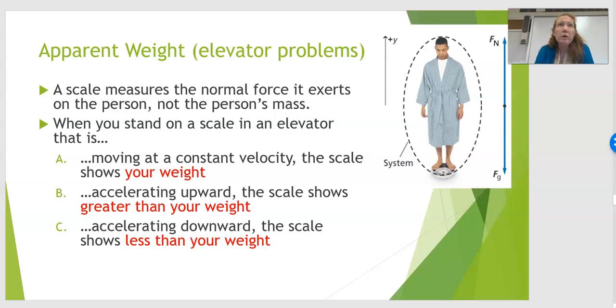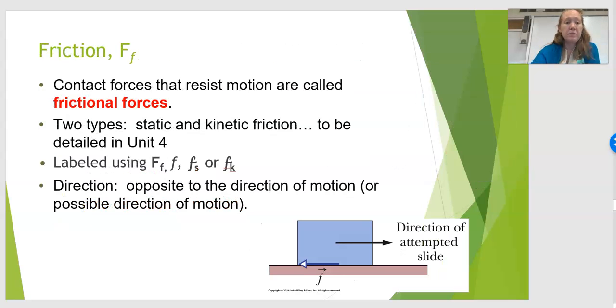So when we solve these problems related to apparent weight, that's kind of a typical problem where it asks you what is the scale going to show in an elevator that's accelerating in a certain direction. So that's a strange situation, but it's testing and asking you to solve for the normal force, actually, and not your weight. So just a heads up on those.